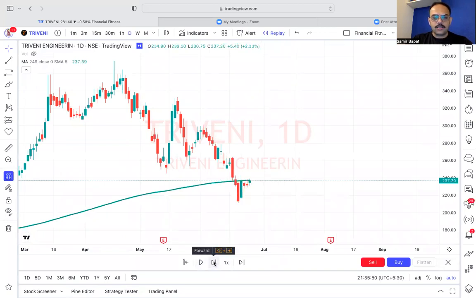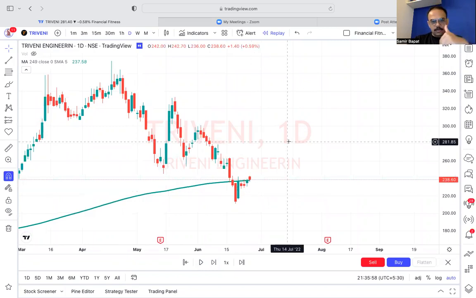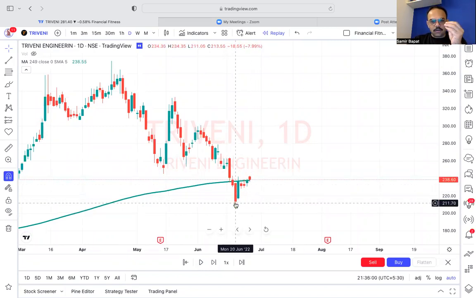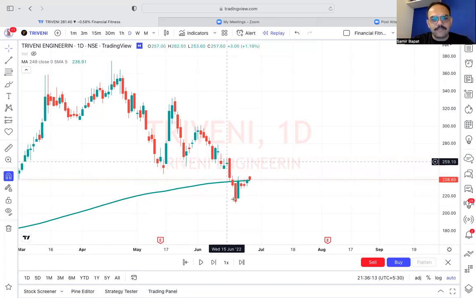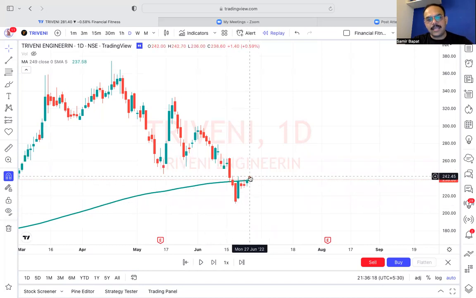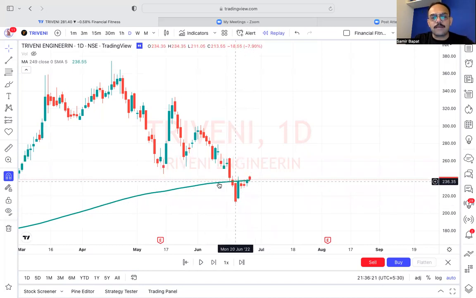Now see, it has come down. As soon as it comes down below the 249 days moving average, it has come down here. As soon as it comes down, we don't exit, we wait for it to make a V shape. So it came down here and again went and closed above the 249 days moving average. Fantastic. You should have patience.